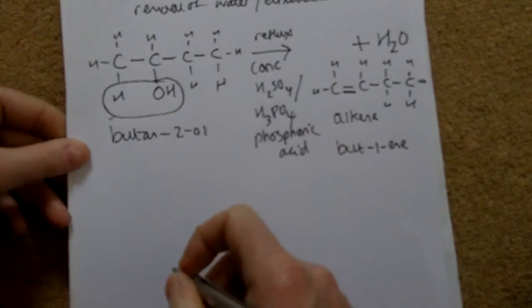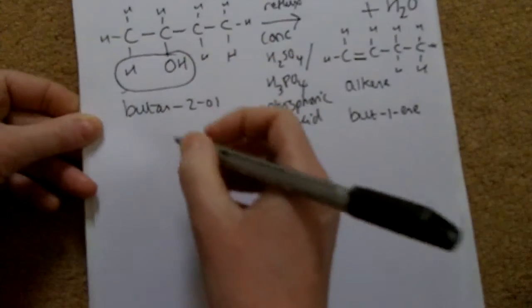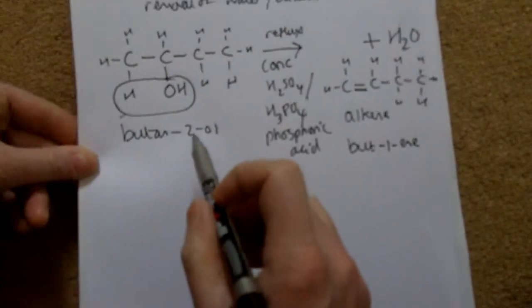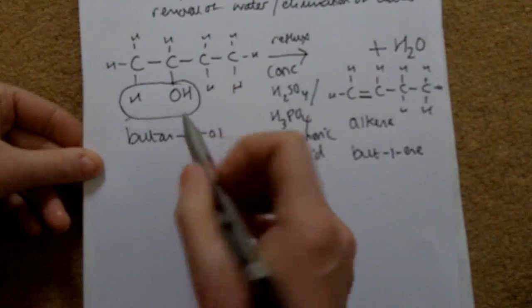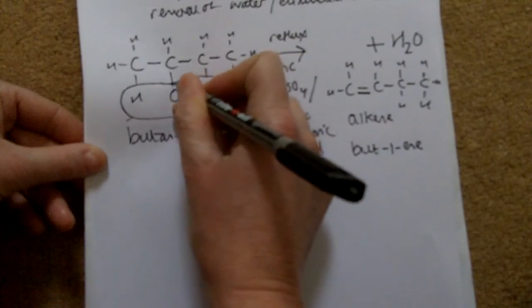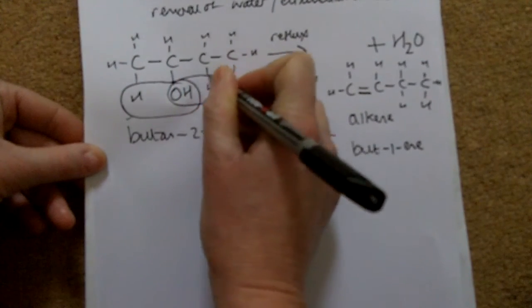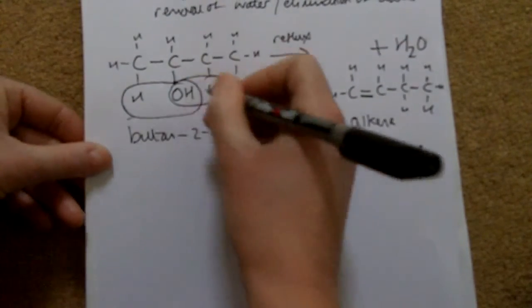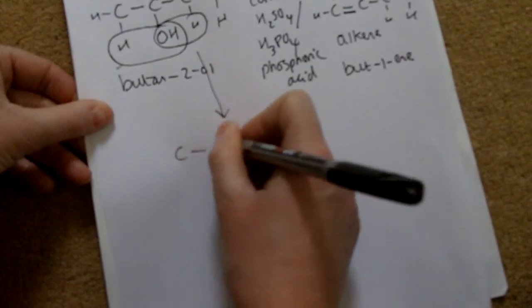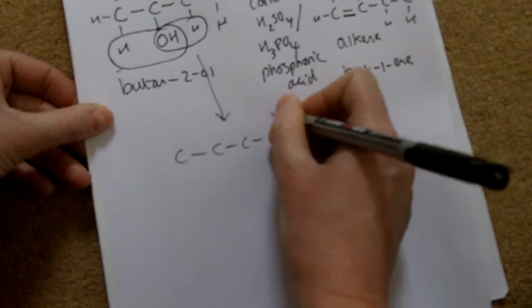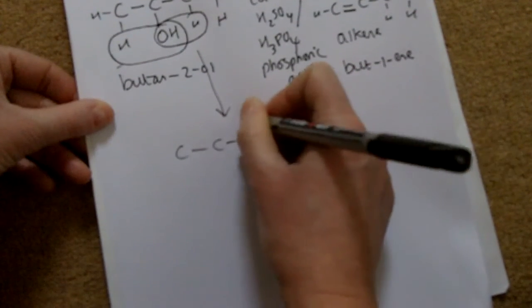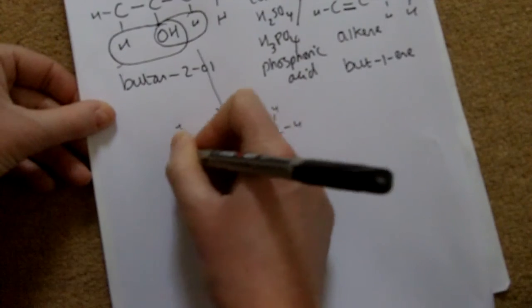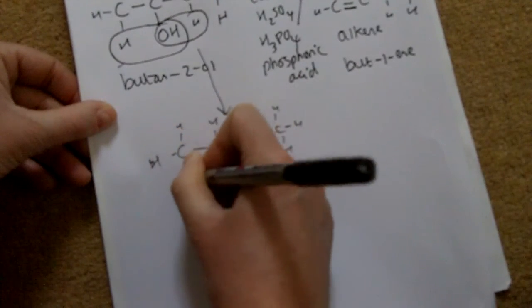But there's another issue with this, because it may not take that, it may take this instead. If it eliminates that instead, you've got your 4 carbons, you've got to put all your hydrogens on. Sorry, handwriting's not very good.